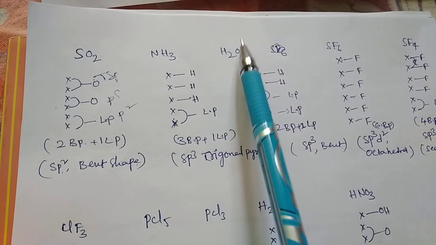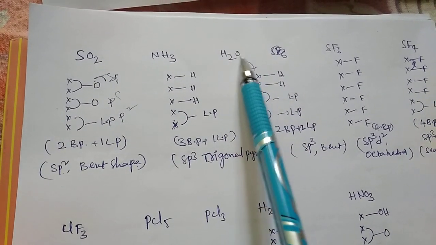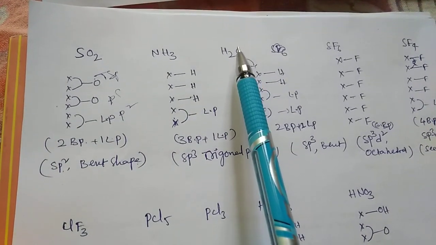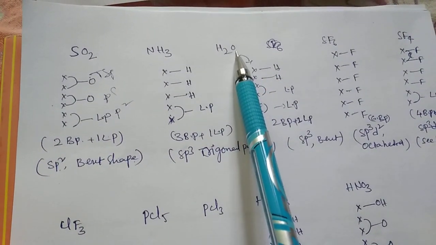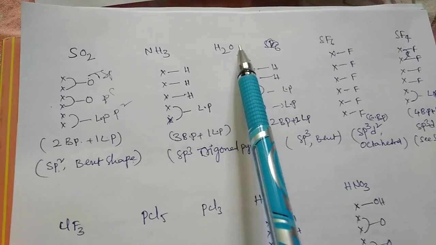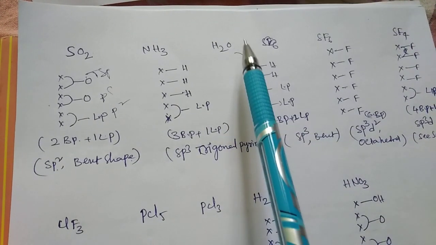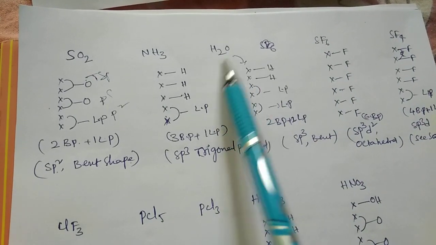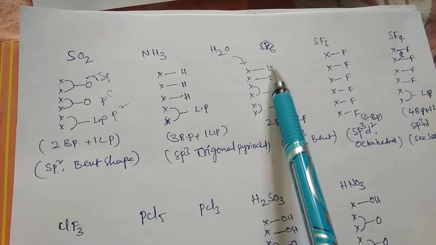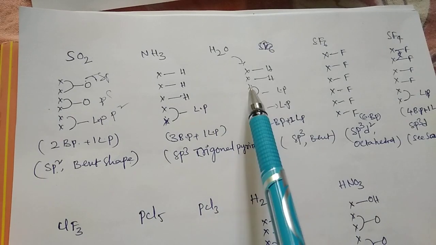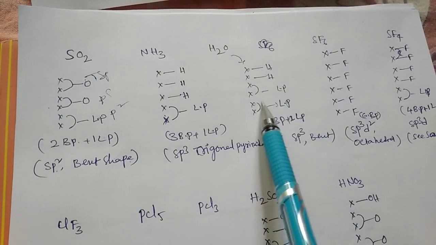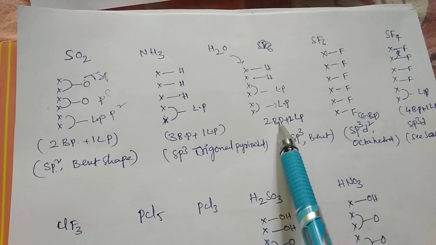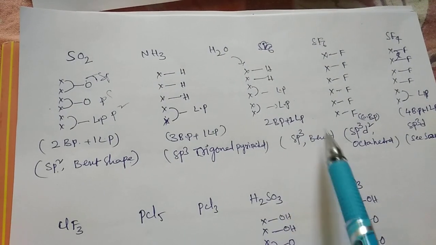Like water, oxygen is the central atom. Oxygen belongs to 6th group. 6 electrons you take, 2 hydrogens are there, 1 electron with hydrogen, another 1 electron with hydrogen, 2 electrons 1 lone pair, 2 electrons 1 lone pair. 2 bond pair, 2 lone pair, sp3 bent.